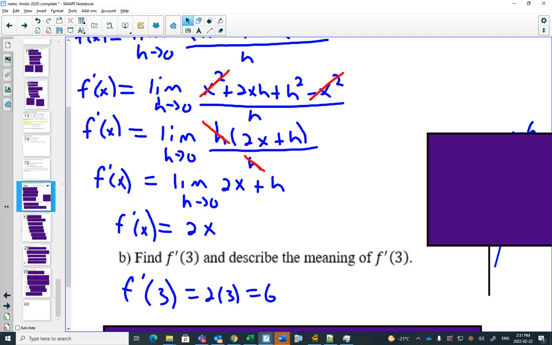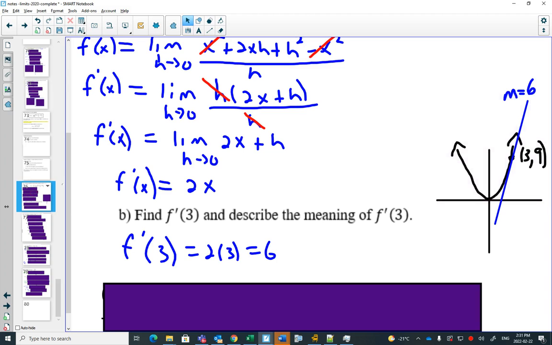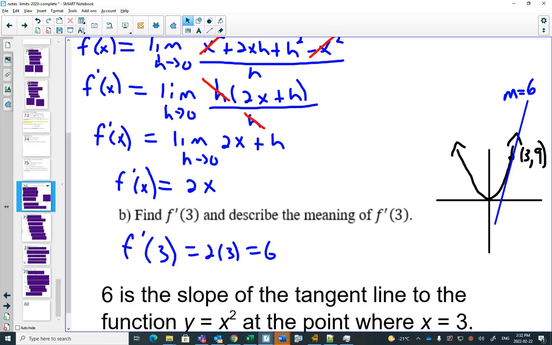What does that mean? That would mean if you drew your parabola, and when x is 3, you'd have the point (3, 9). If you drew the tangent line at (3, 9), the slope of that line would be equal to 6.